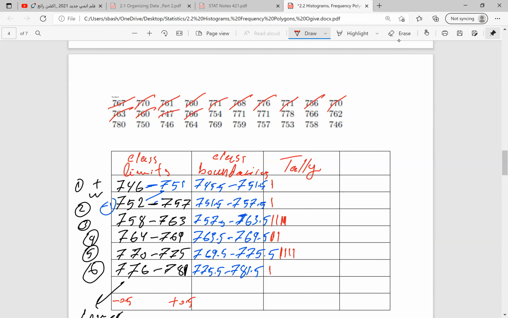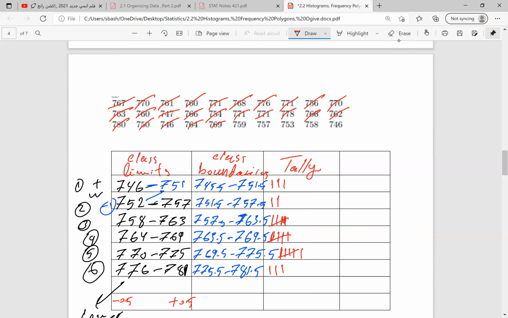And move like this to find all of these. 54, it is in the second. 71 will be one set. Another 71 and one bar. 78 will be in the last one. 66, it is in the fourth one. 62, it is in the third one. 80, it is the last one. 50, first one. 46, first one. 64, then the fourth one.